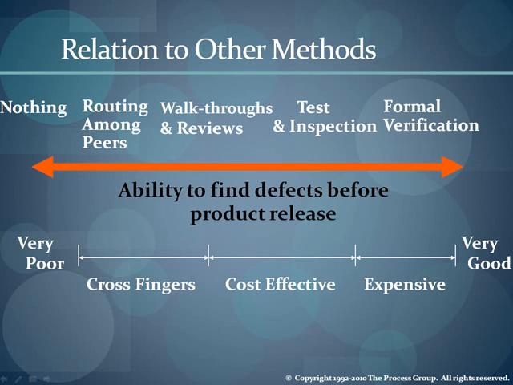Walkthroughs and reviews straddle the line between cross fingers, or hoping, and cost effective. There are some teams out there that do very good walkthroughs and very good reviews, and they're a very effective use of people's time. And other ones that are obviously not. Testing and inspection, I think they are adequately well measured to understand the effort required to do them and the result of doing them.